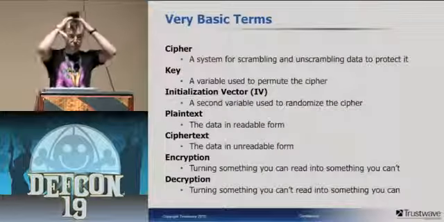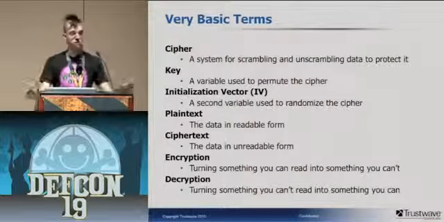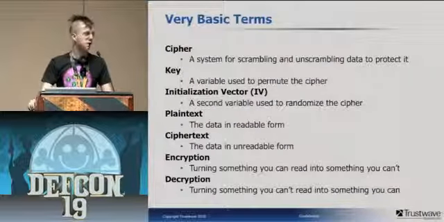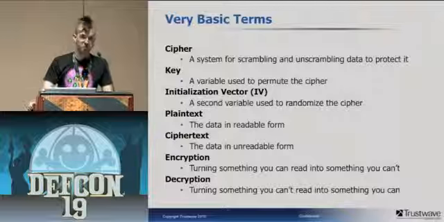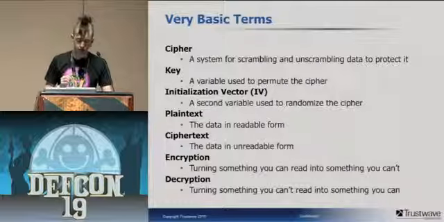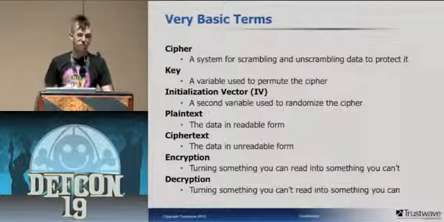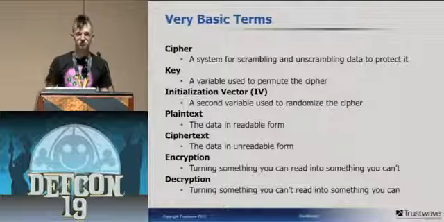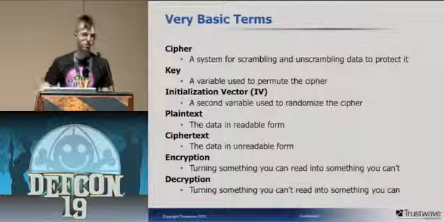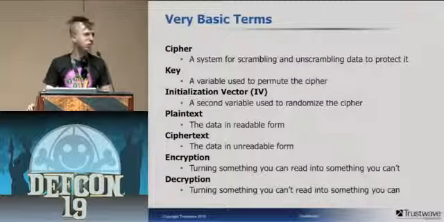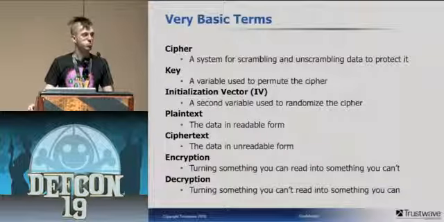Some very basic stuff here. A cipher is a system for mathematically scrambling and unscrambling data that you want to be hidden from certain parties. The key is the one part that you keep secret. It's the missing variable that somebody needs to know in order to be able to unscramble the data. The initialization vector is used in a similar way, but it's not always necessarily private.